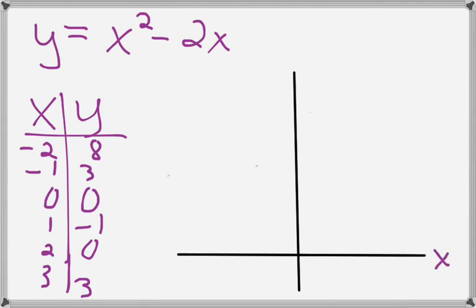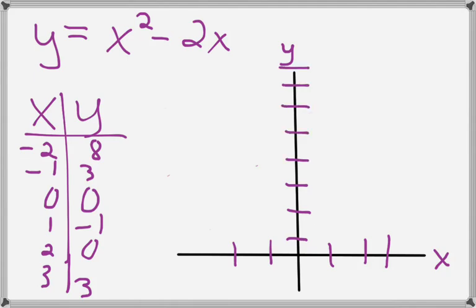So here's our axes, there's our x-axis, there's our y-axis. And then we can plot the points that we just found. So I need to go up to 8 here. 1, 2, 3, 4, 5, 6, 7, 8.